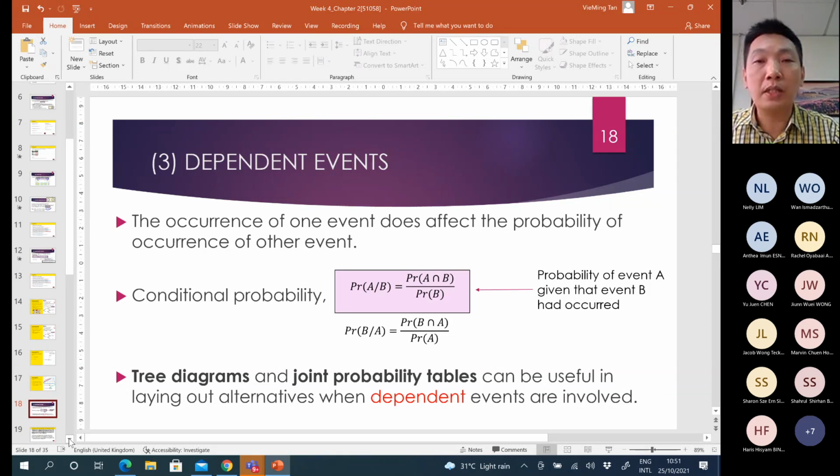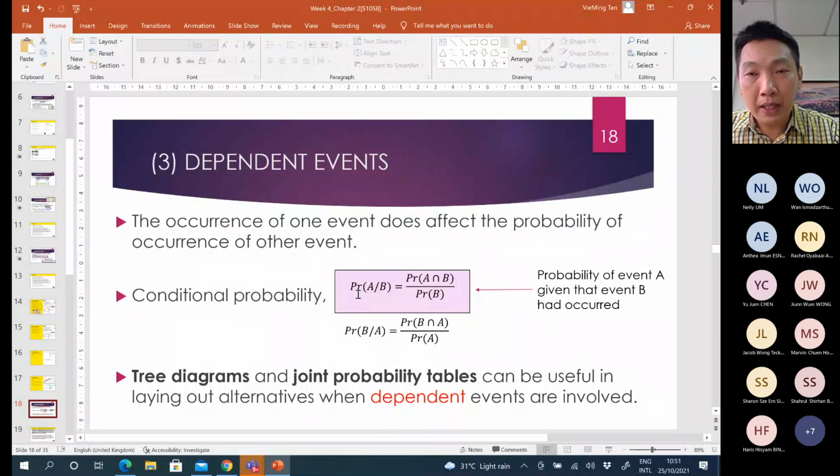If A and B depend on each other, then we call it a dependent events question, and we have to use the conditional probability formula to solve the problem. Let's say you want to calculate probability A, given that B already happened.